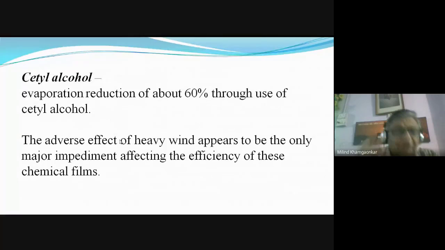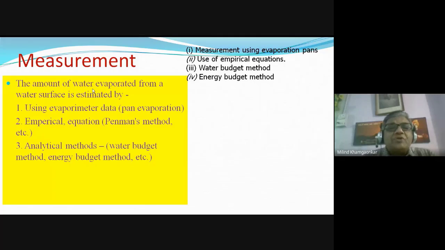Mainly cetyl alcohol type chemicals are sprayed over the surface of the water body. Keep this name in your mind.